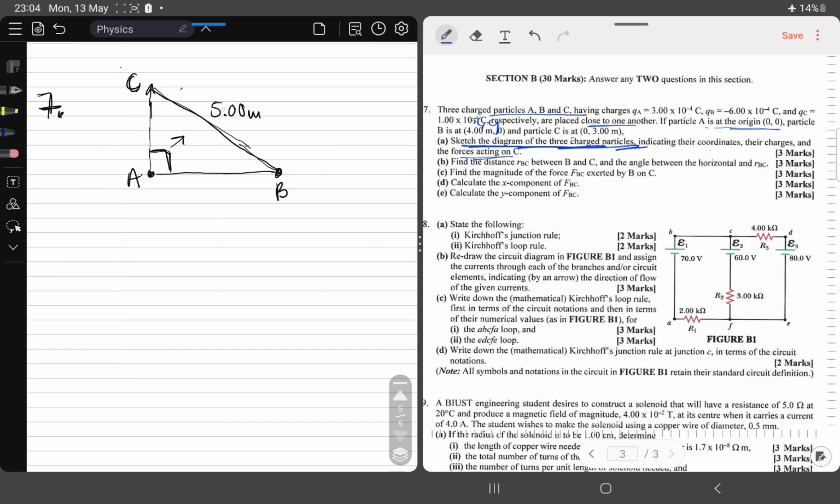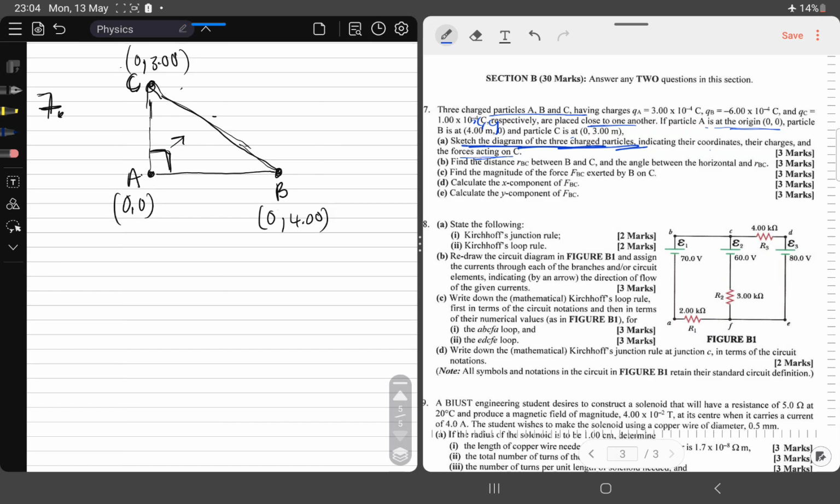So this is 0, 0. Then this is 4.00, 0. And here is 0, 3.00. That's where my point C is.